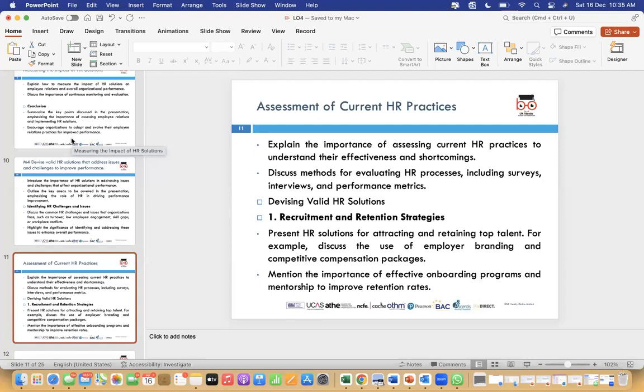And they come up with really attractive compensation packages that, compared with their competitors, they're doing very well. So associates are then attracted to apply for the job role, and eventually if they're top talent, they're going to be hired. And also it's important to have proper onboarding programs and mentorship programs.